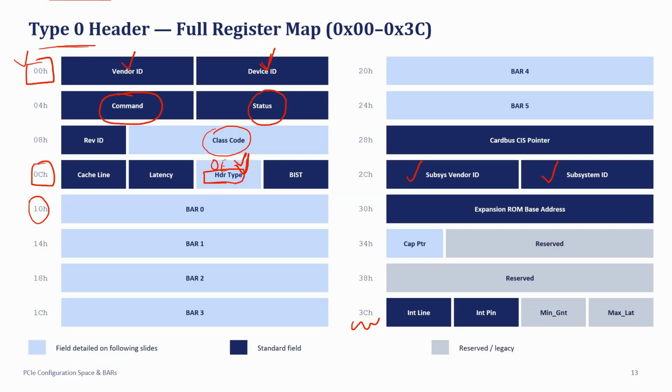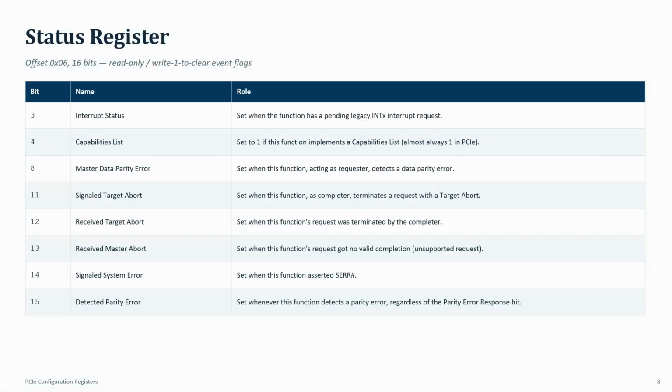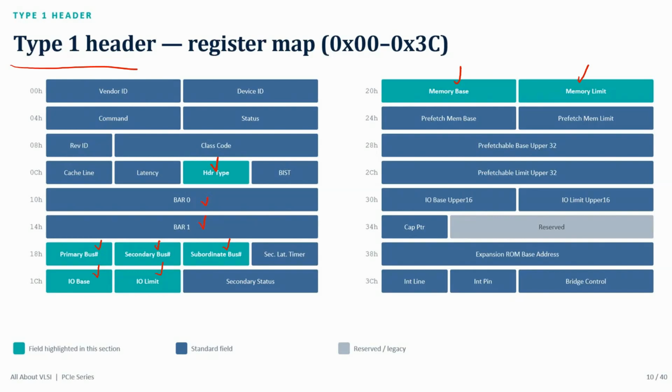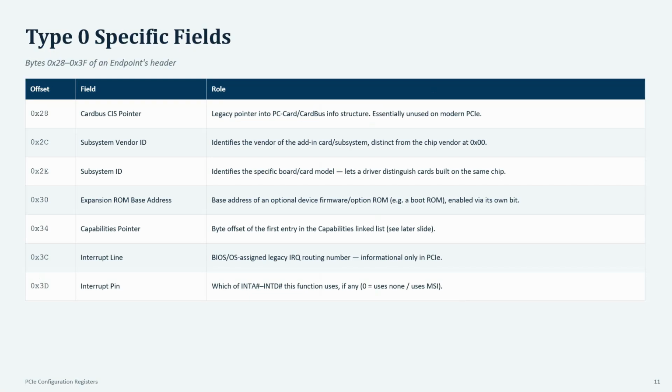According to the requirement of the specific project you're working with, you refer to the exact meaning of that field and work with it accordingly. Next, I have the type 0 specific fields, like CardBus, subsystem vendor ID, subsystem ID, expansion ROM base address, capability pointer, interrupt line, and interrupt pin. These are all dedicated only to type 0.